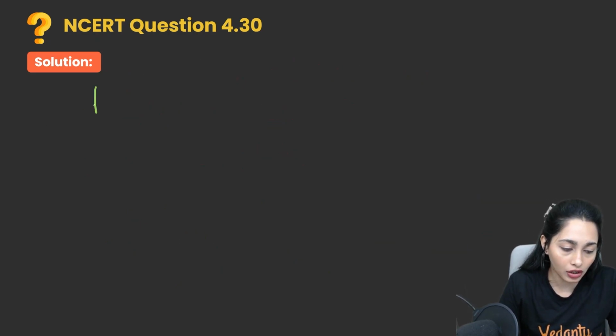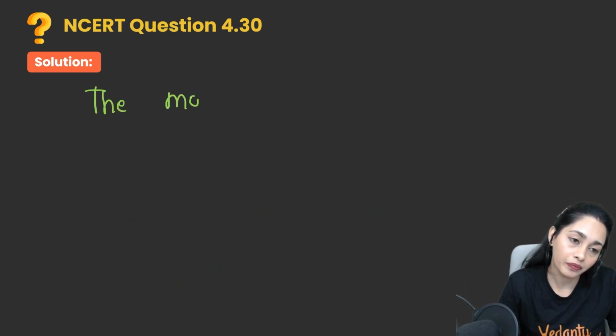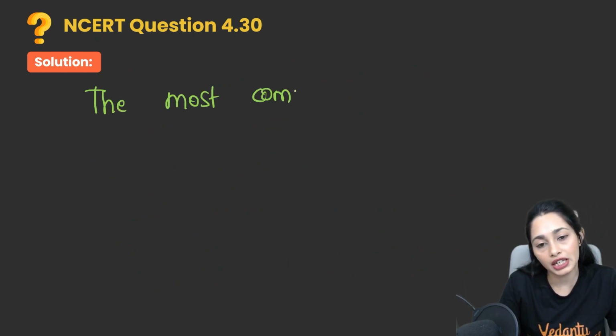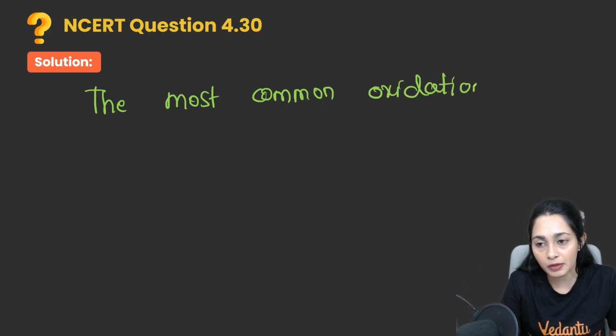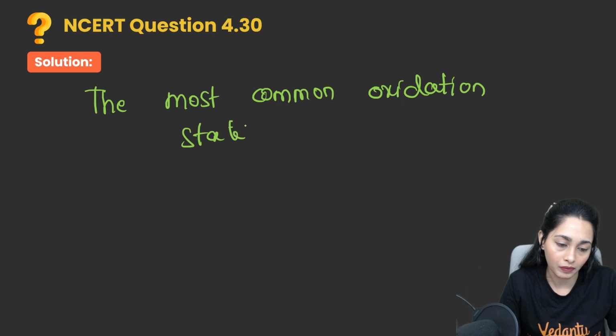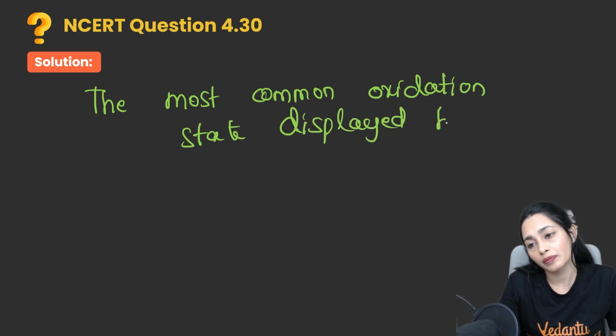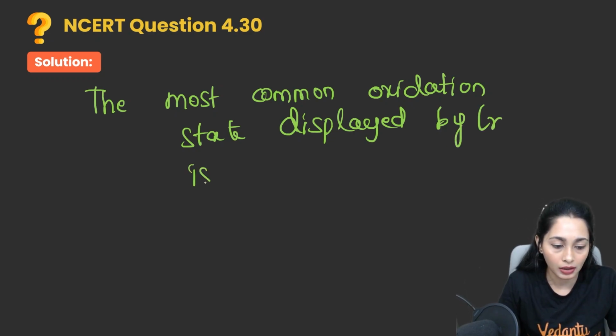The electronic configuration is radon, the nearest noble gas, followed by 5f14, 6d1 and 7s2. And the most common oxidation state displayed by this element, lawrencium, is +3. Why?